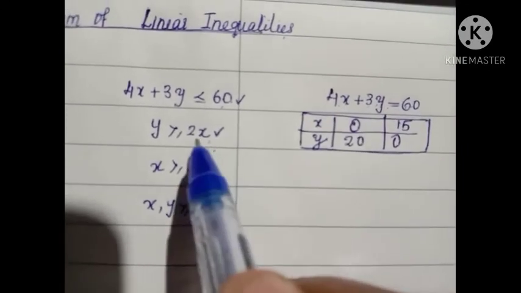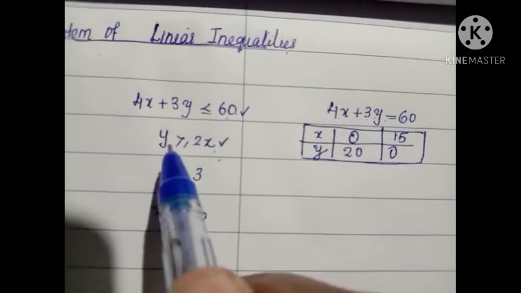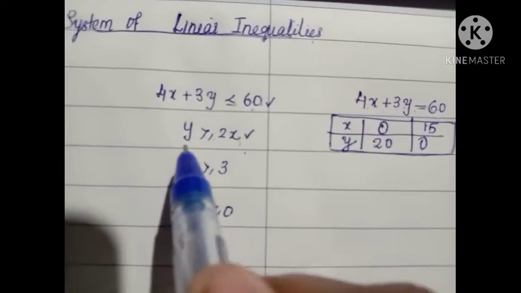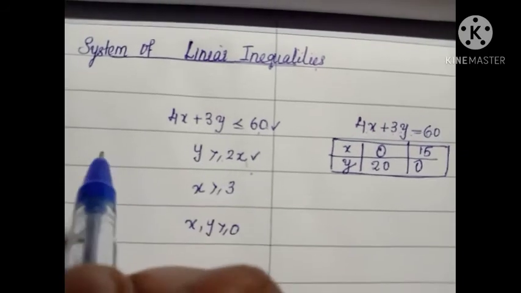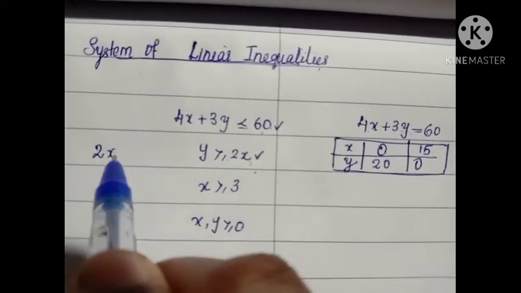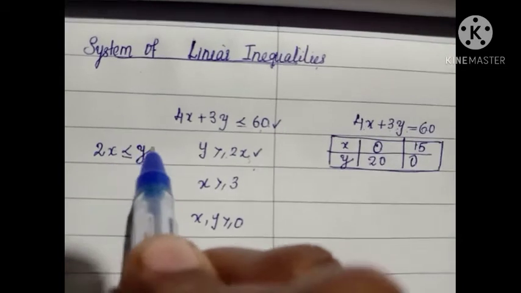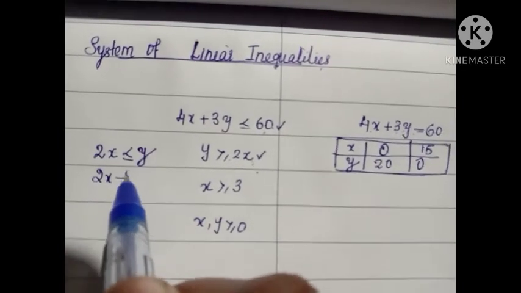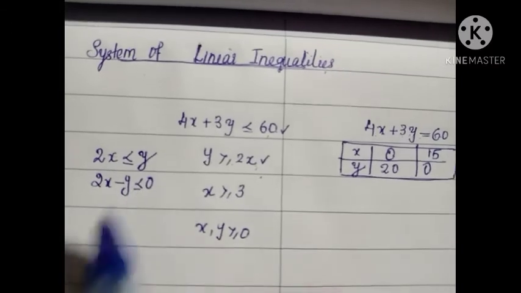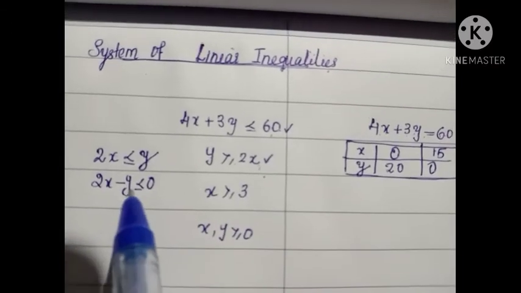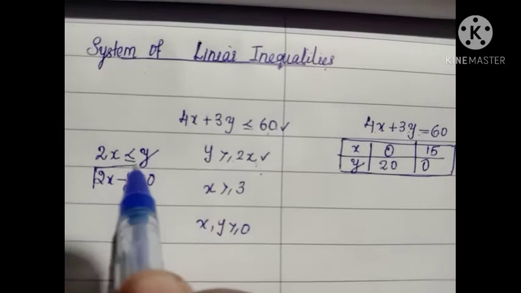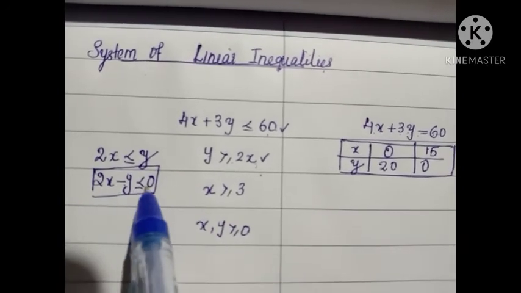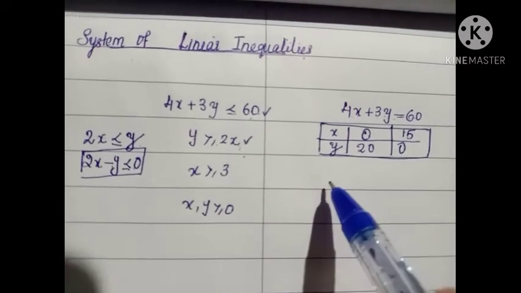Let's see the second inequality, y is greater than or equal to 2x. That is the same as 2x is less than or equal to y, or 2x minus y is less than or equal to 0.